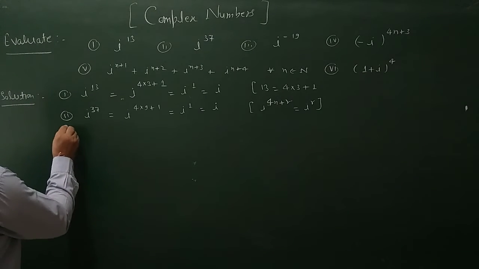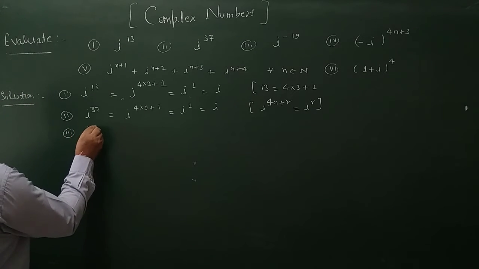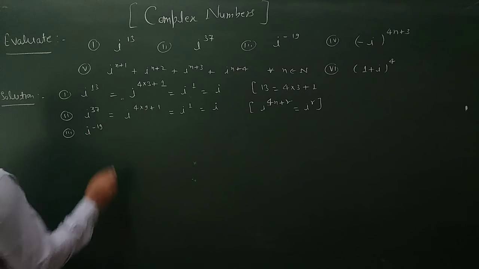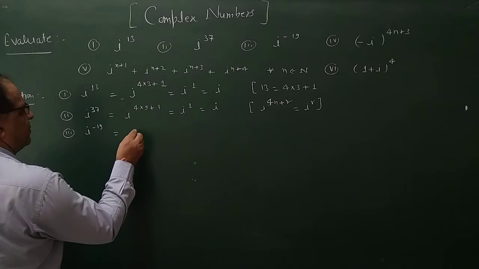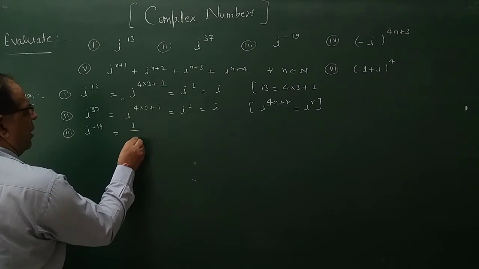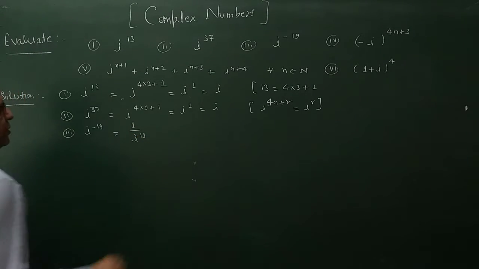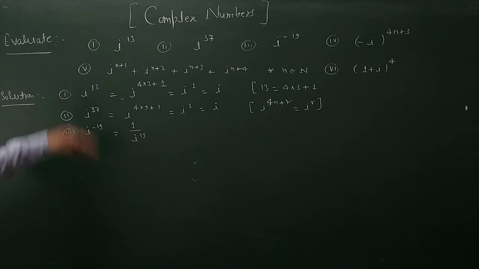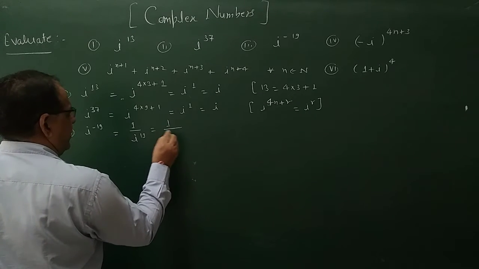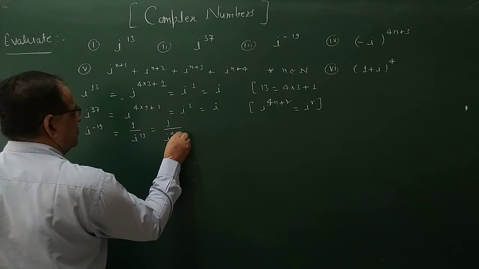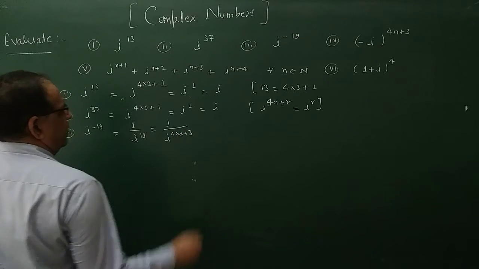Third, iota to the power minus 19. The power of iota is a negative integer, so you can write it as 1 upon iota to the power 19. First remove the negative power, that means take this number in the denominator, and now use the remainder theorem again with the divisor 4. So 4 fours are 16 plus 3.